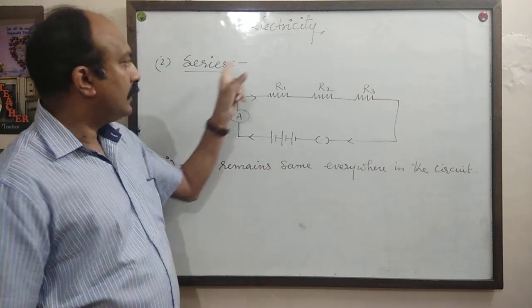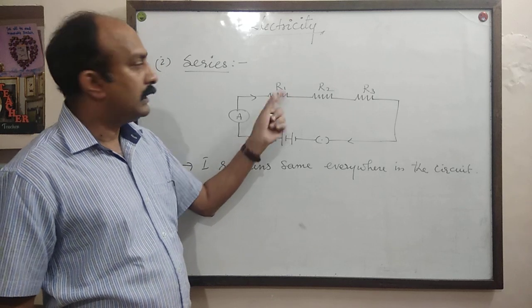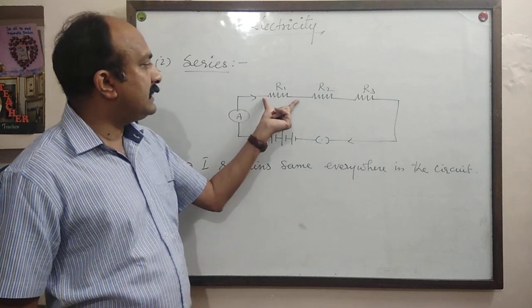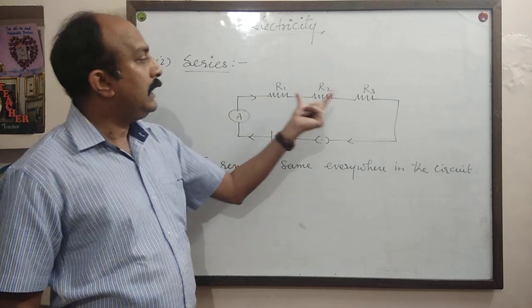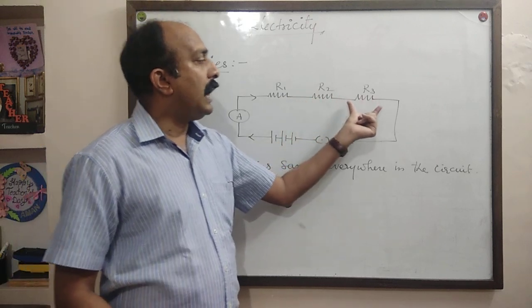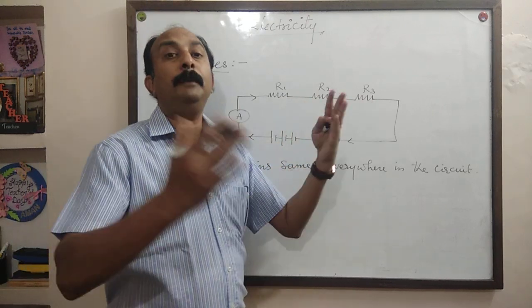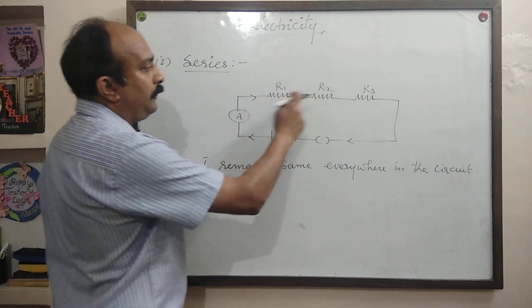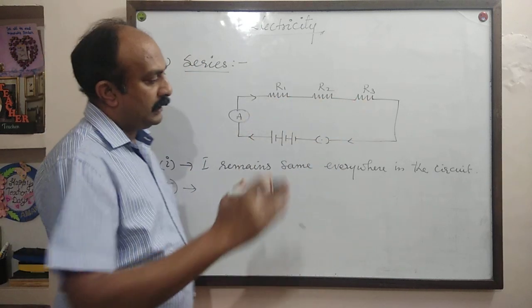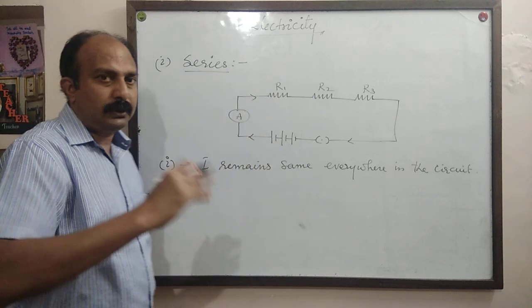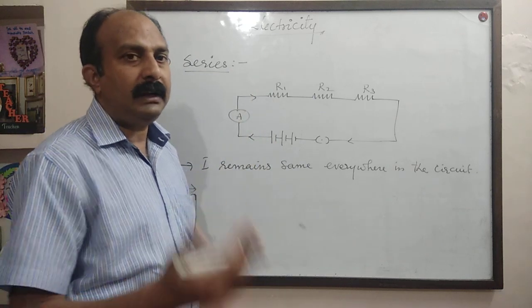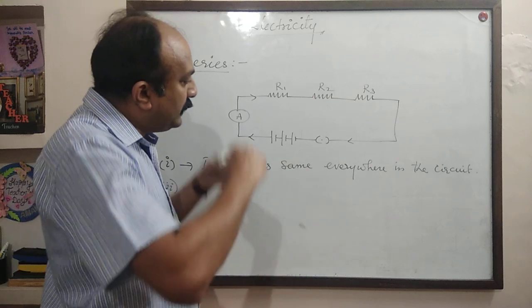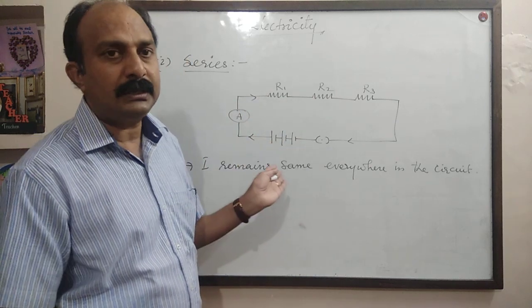Now, the potential difference across R1, across R2 and across R3 will be different because the values of R1, R2, R3 are different. When electric current passes through different components having different R values, the potential difference will also change.